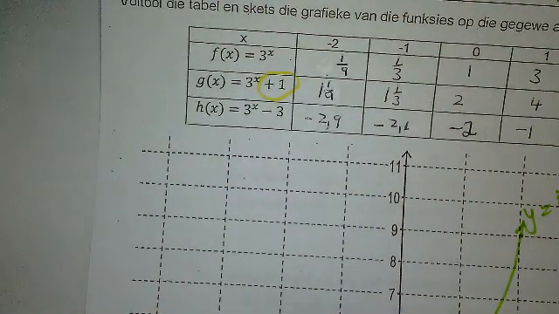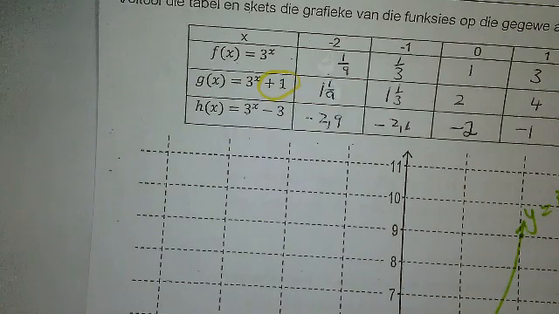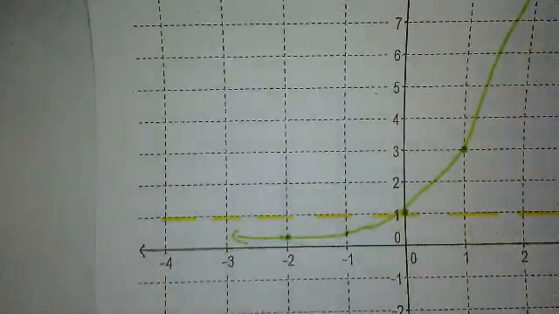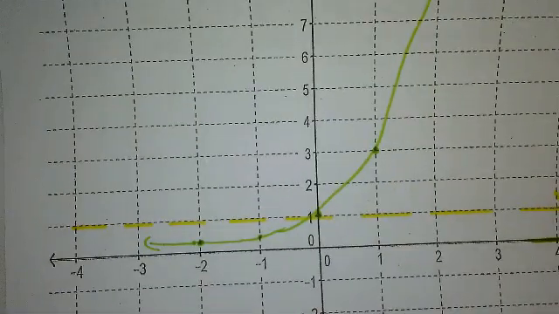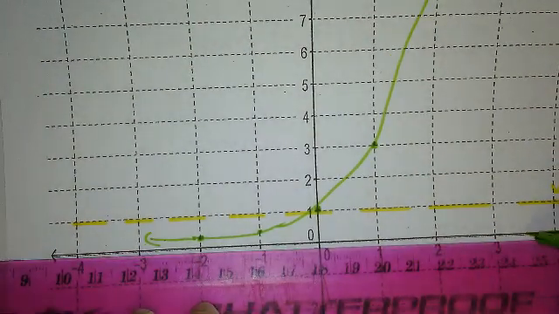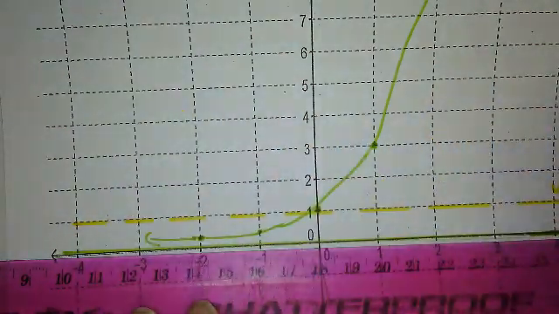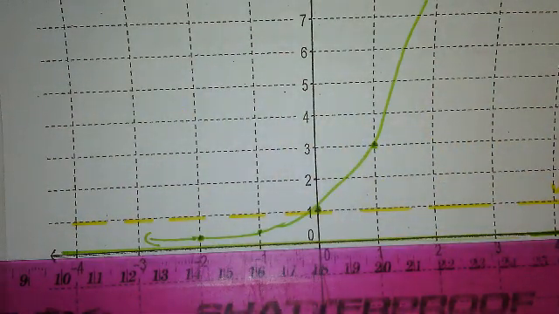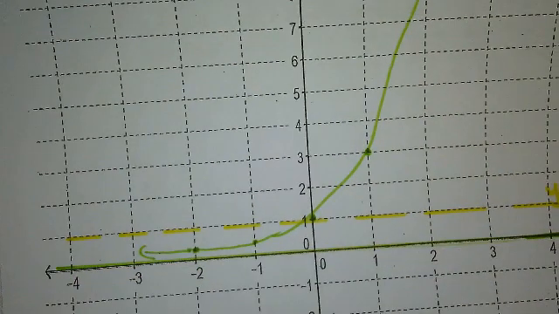So first asymptote you indicate with the dotted line. So that's my asymptote, and that will be y equals 1, which is then the q value. The previous one was just the x-axis, so that was because the q was a 0, so that was my asymptote. So that means not allowed to touch that line.